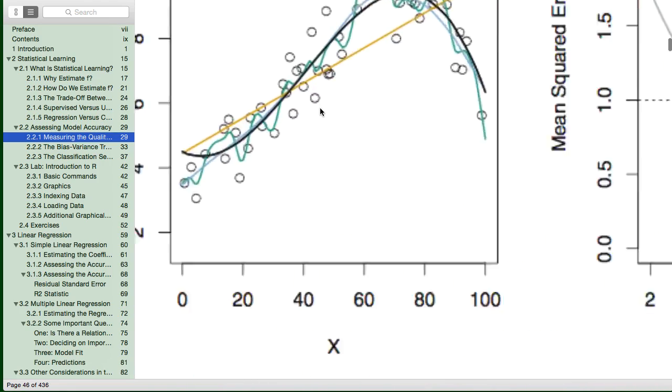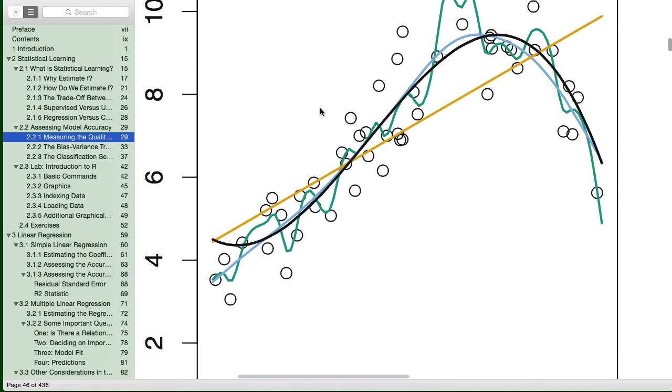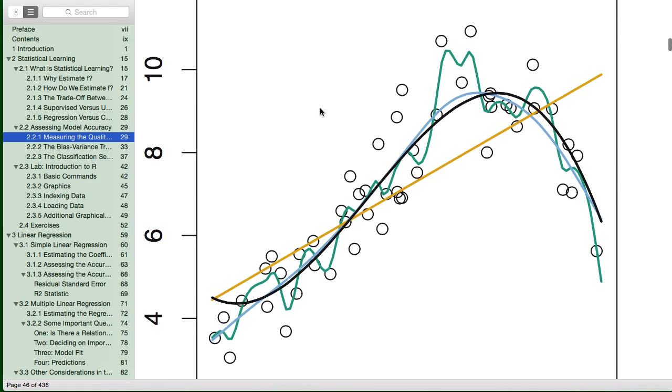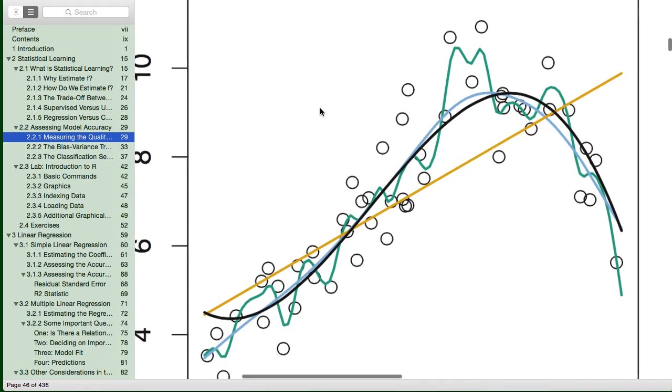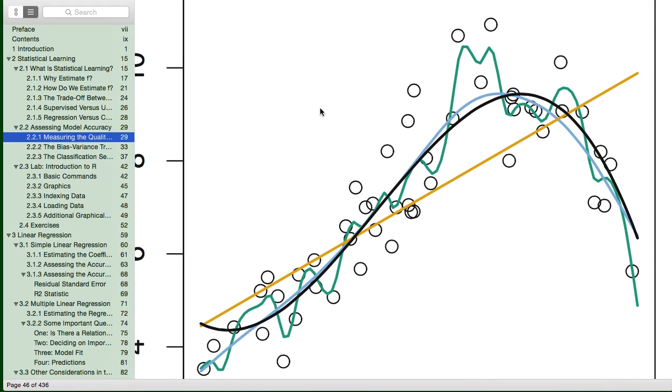Okay, so these are spline methods, two more flexible methods. And one of these methods is more flexible than the other. You should be able to figure out by now which is the more flexible. Think about it for a second, and then make your bet, and then I'll say it. Which of these two, the blue and the green, reflects a more flexible method?